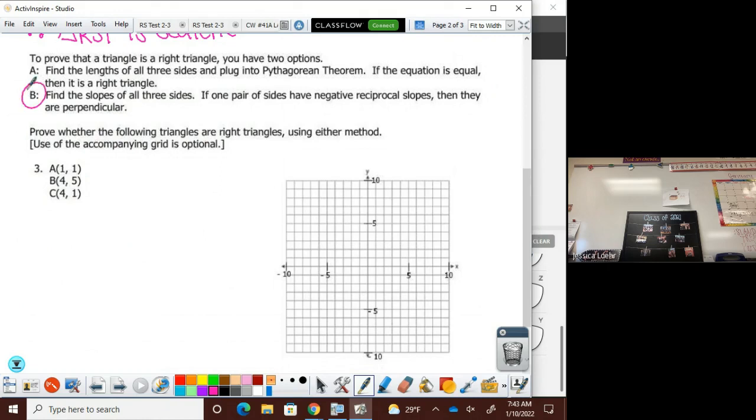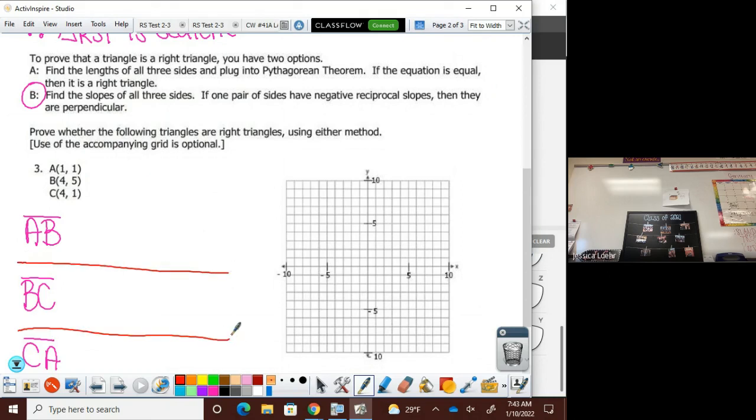So this is what we're going to do here. So we're going to find the slopes. So again, you're setting up your table. Every single problem, you're setting up a table all the time. AB, BC, CA. And we're going to find the slopes now. Slope formula, y2 minus y1 over x2 minus x1. Okay? So when you find the slope of AB, I get 5 minus 1 over 4 minus 1, which is easy. Don't even need to plug it in my calculator.